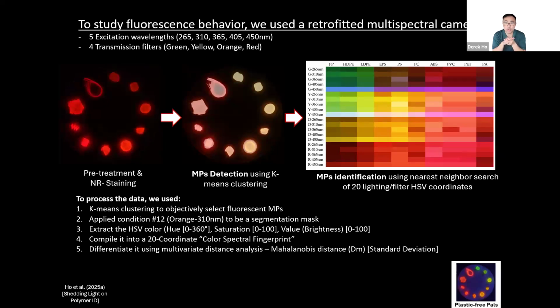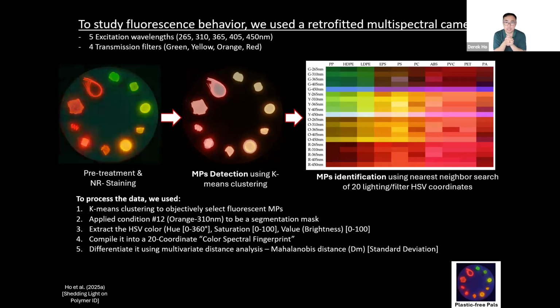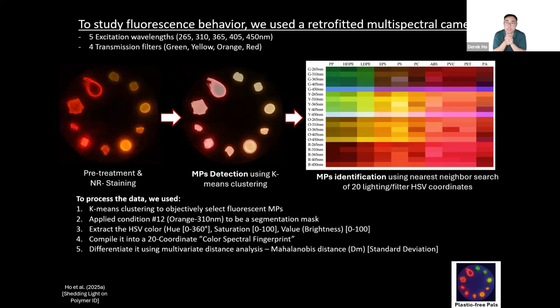For the color data, instead of using the typical RGB, which is in a cube-like coordinate system, we use hue, saturation, and value. That's a cylindrical coordinate, and that's more intuitive. Hue is on a 360-degree color wheel, saturation goes radially outwards, and the brightness is on the z-axis down.